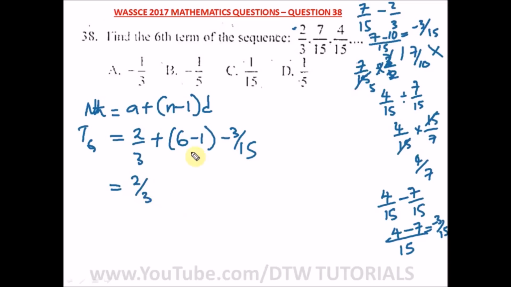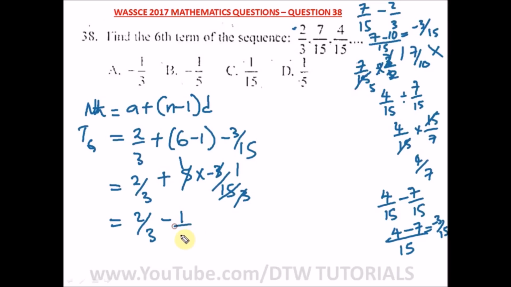So we have 2 over 3 plus, 6 minus 1 is 5, so 5 times minus 3 over 15. This will cancel out 1, and this will cancel out as 3. And 3 will also cancel out, so we're left with 1. So we're left with 2 over 3 minus, don't forget this minus sign here, minus 1 over 1.